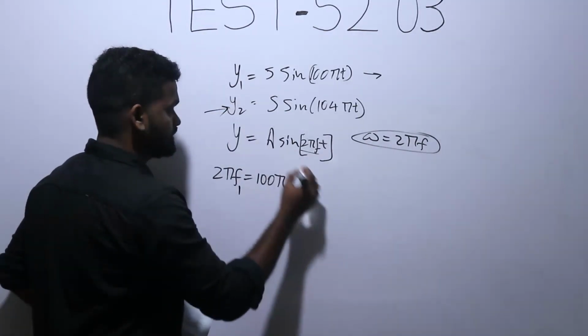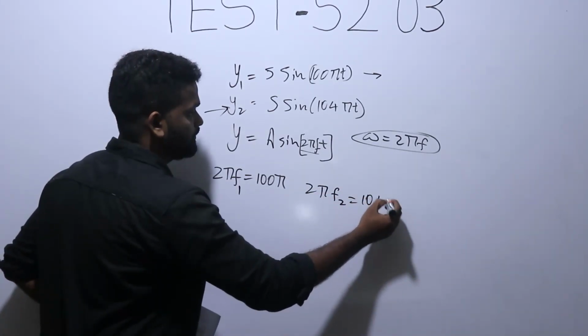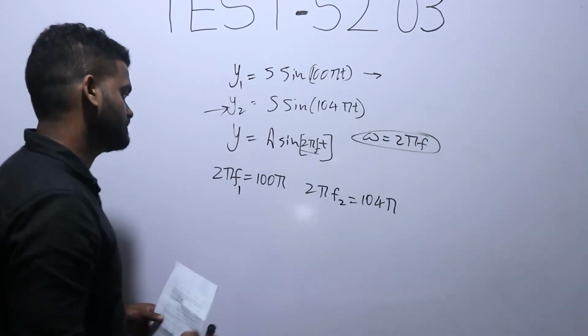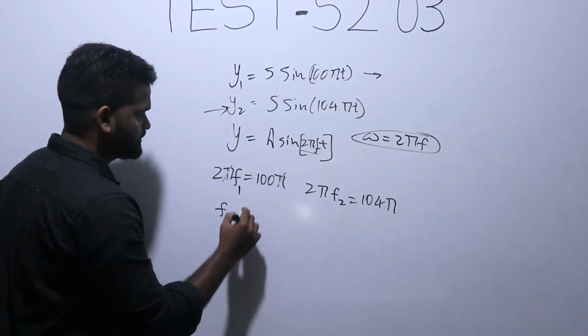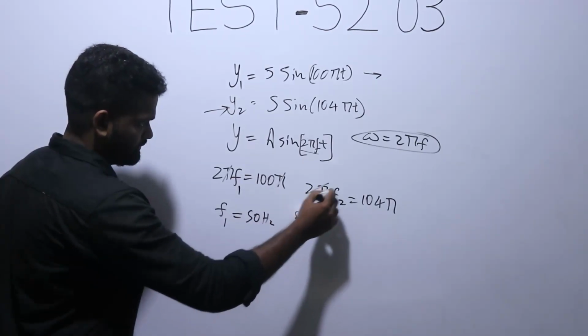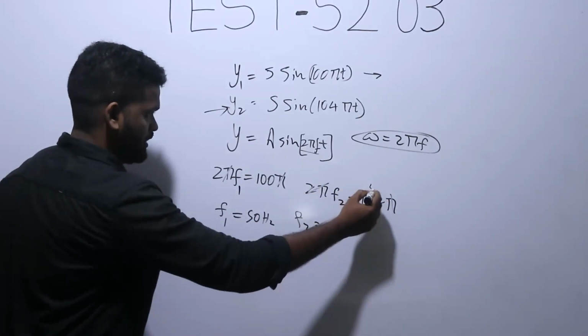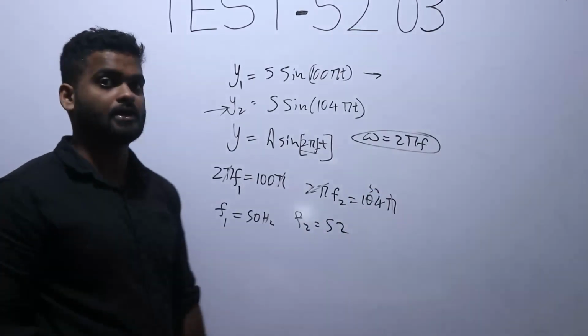For the other equation, 2 pi f2 is equal to 104 pi. Then I'll find f1. The pi cancels, so f1 is 50 hertz. f2 is, pi cancels, 52. So f2 is 52, f1 is 50 hertz.